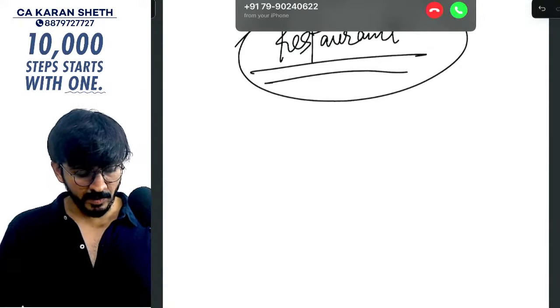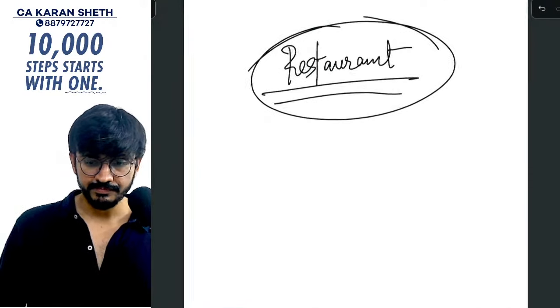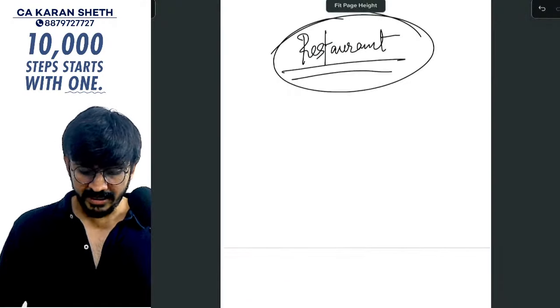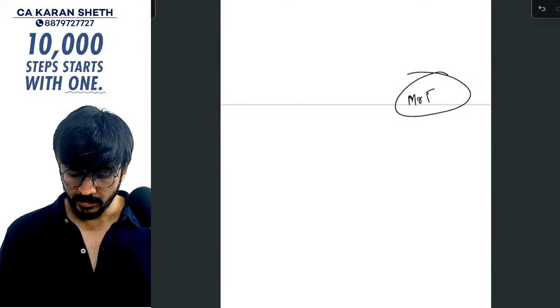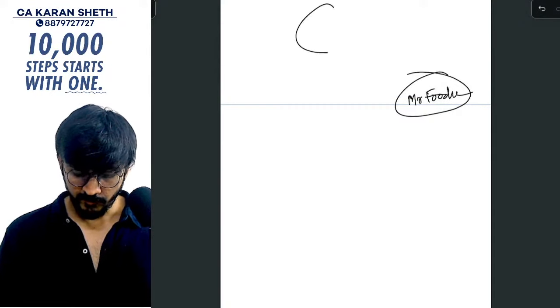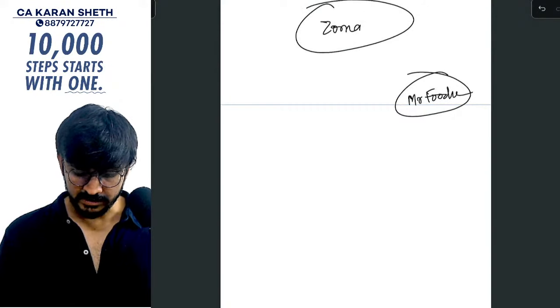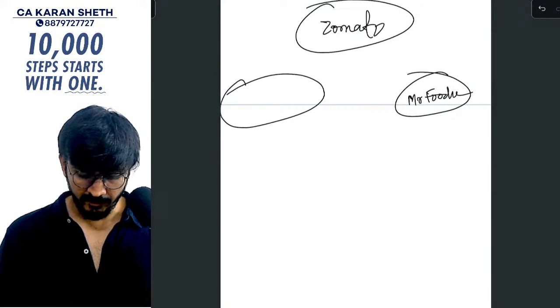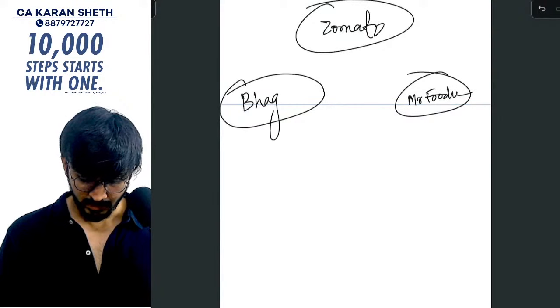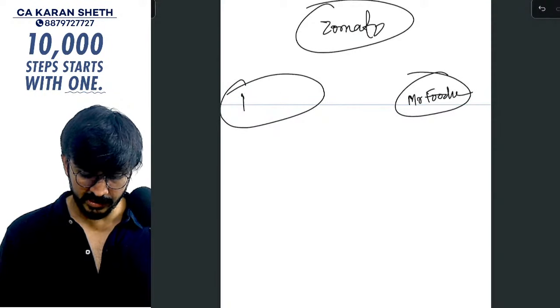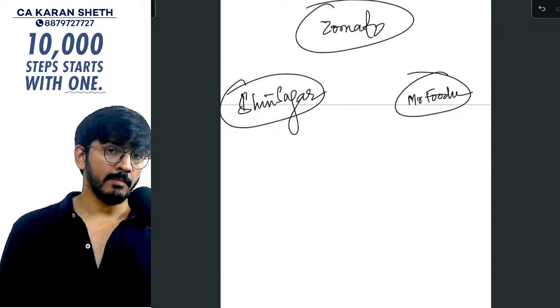Now the important thing is, my dear friends, very simple. In case of restaurant, understand, let's say for example Mr. Foodie orders from one and the only Zomato, from your favorite hotel Bhagwati. Shiv Sagar is very famous in Mumbai.